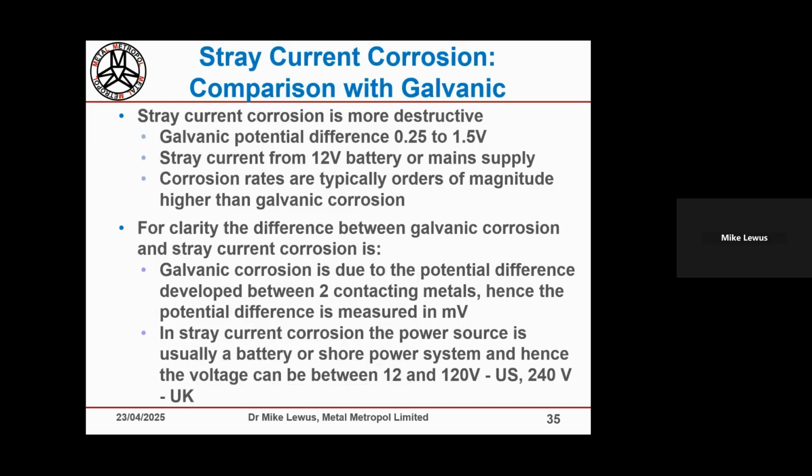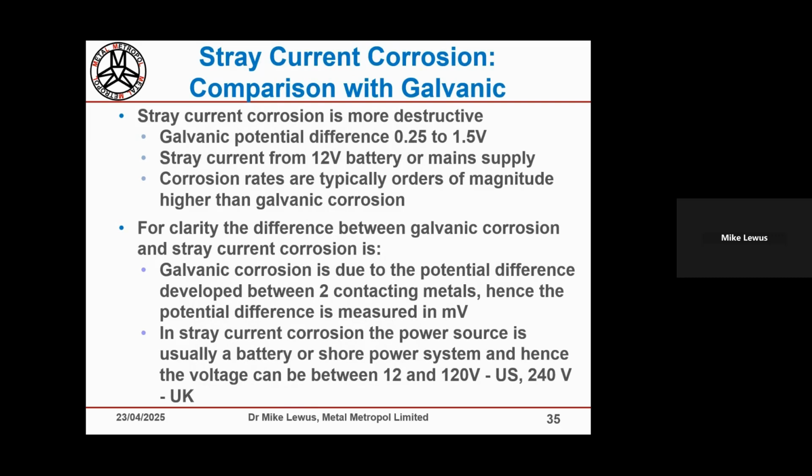Now, it's particularly serious because if we compare it to galvanic corrosion, in a galvanic corrosion situation we're never going to have a driving potential that's more than typically about a volt, but in principle it could go as high as 1.5 volts. So it's a relatively low voltage. But with stray current, it could be a voltage driven from a battery, so typically 12 volts, but it could be from mains, so it could be 240 volts.